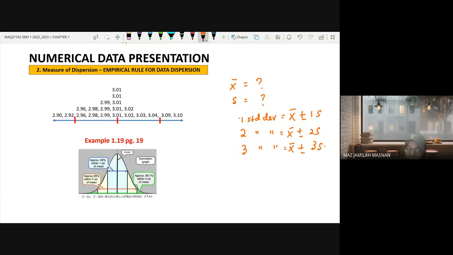If you plot them, let's say 68% applies to 20 data.